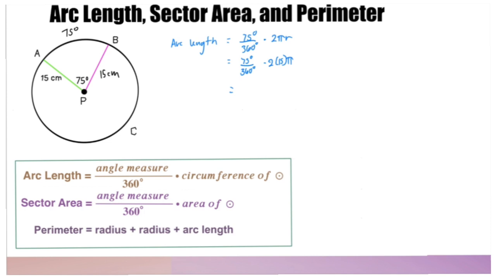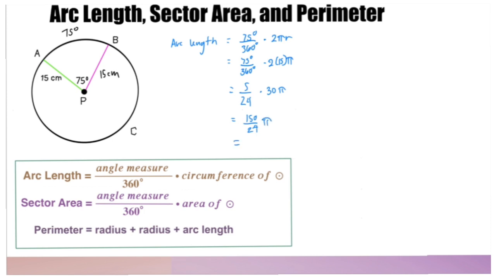Okay, 75 over 360 is 5 over 24. Then 2 times 15 will be 30 pi. So if you simplify this, 30 times 5 gives 150 over 24 pi.